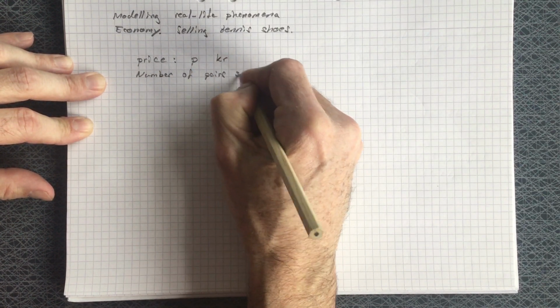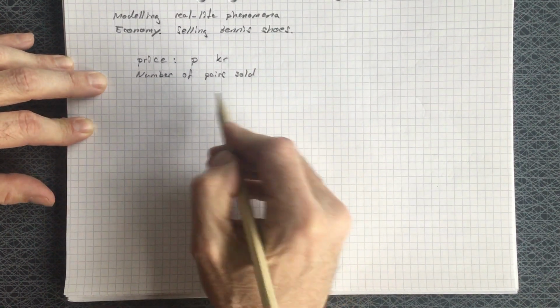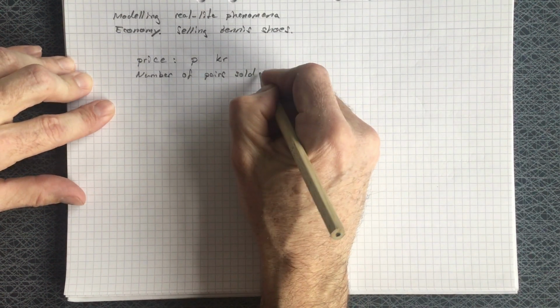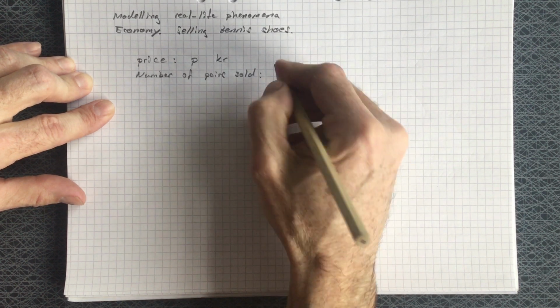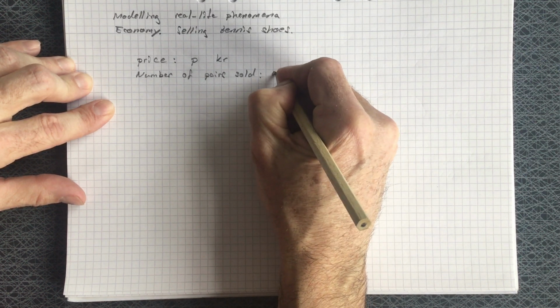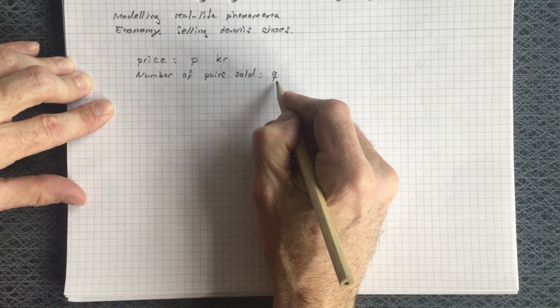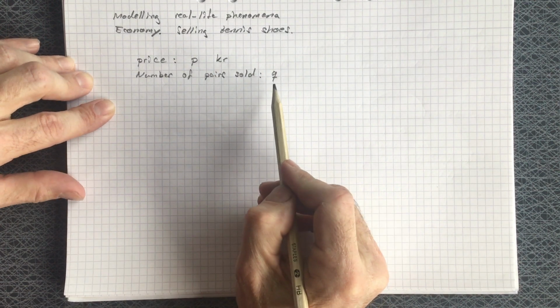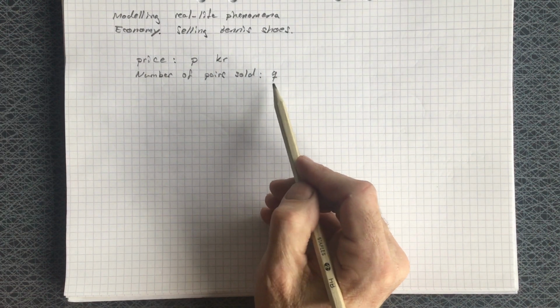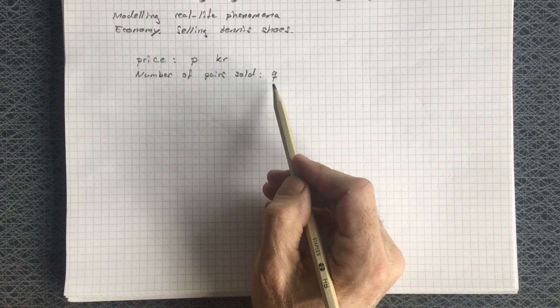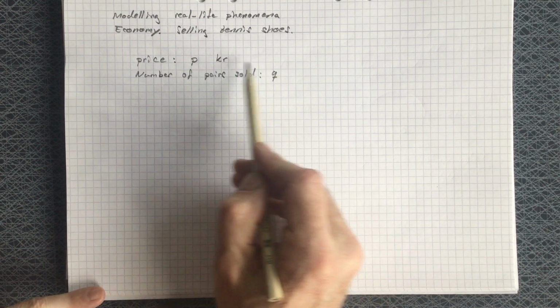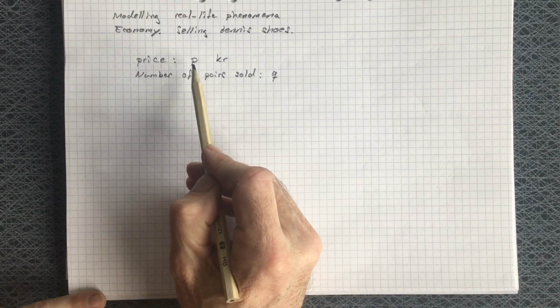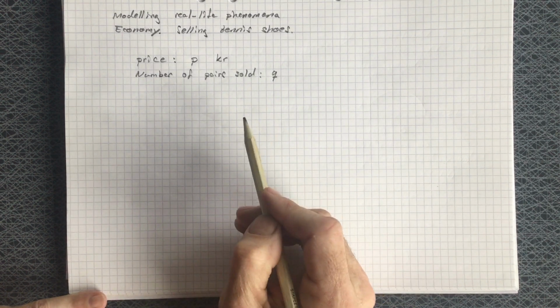Let's call it Q, like in quantity, number of pairs sold. Now, in this very simple and maybe childish example, how many pairs we are selling depends on the price we put on the pair of shoes.